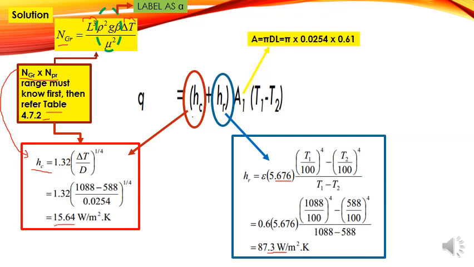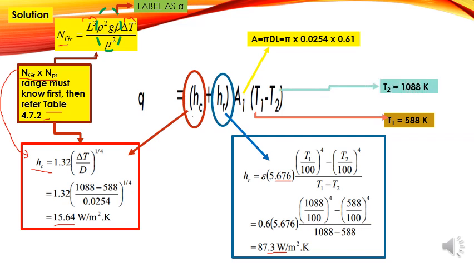Area. Since the shape of the tube is a cylinder, we use the surface area formula pi dl. And T1, in this case, is the tube itself as a reference point, so that's why it is 588, the temperature of the tube, and T2 is the temperature of the furnace.